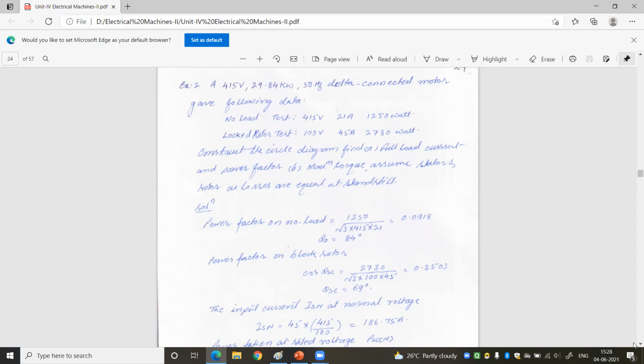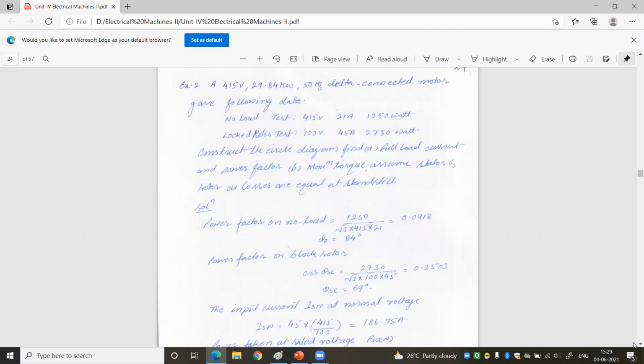It means that the point H will be the center of the line. Now the power factor at no load condition, theta 0, is calculated as 1250 watt divided by root 3 multiplied by 415 into 21, so it will give the power factor angle 84.